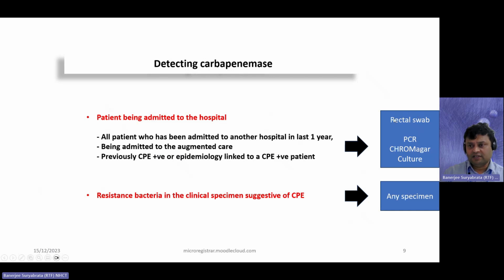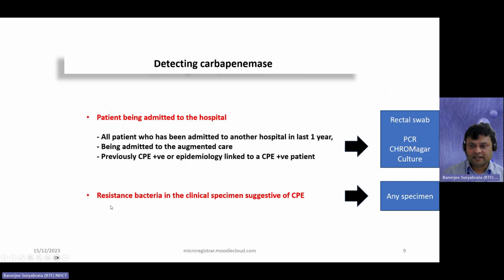The method of screening is typically a rectal swab, and most hospitals in the UK use a PCR-based method to identify carbapenemase. It's quicker and sensitive, but some laboratories may do culture, chromogenic agar or other methods. So PCR is becoming the commonest method.